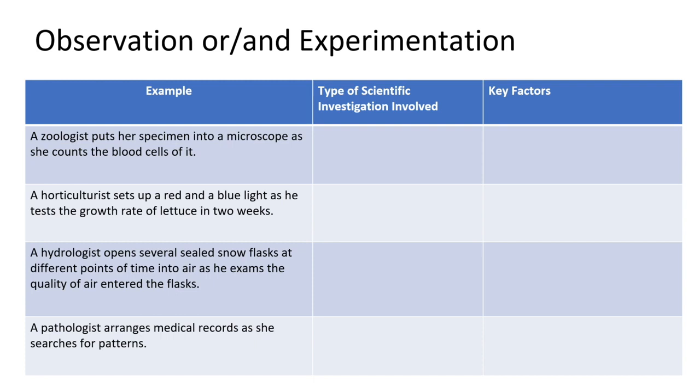A hydrologist opens several sealed snowflakes at different points in time into air as he examines the quality of air entering the flakes. A pathologist arranges medical records as she searches for patterns.